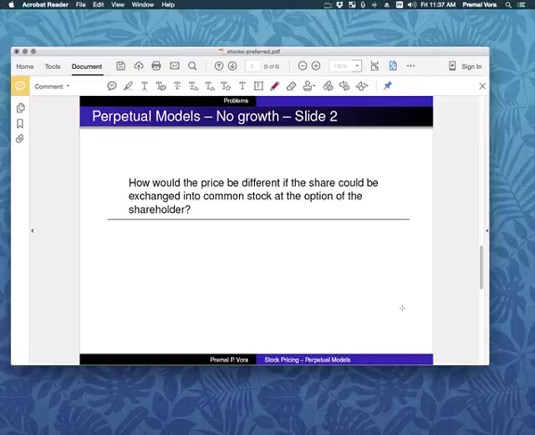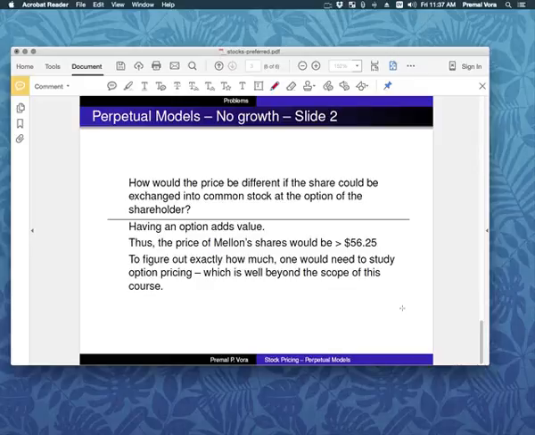You would choose to do that as a rational investor only if the value of the 2 common stocks that you receive is higher than the value of the 5 preferred stock that you turn in. Having an option always adds value to whatever it is that has the option.